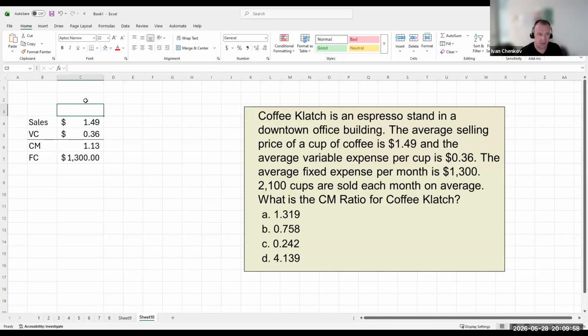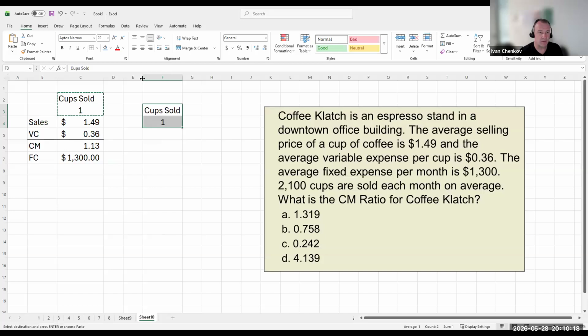So this is for 1 cup. I'm selling only 1 cup. That will be a 1 here only. And let's go with the scenario that we're selling 2,100 cups. Now, if we're selling 2,100 cups, what's going to happen?